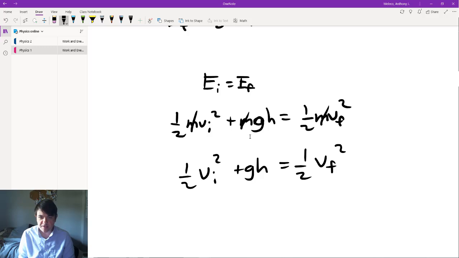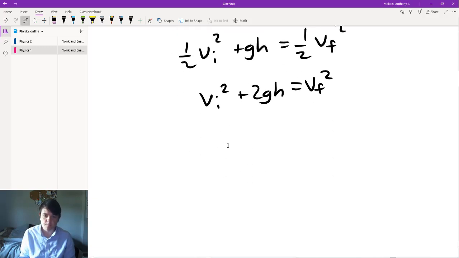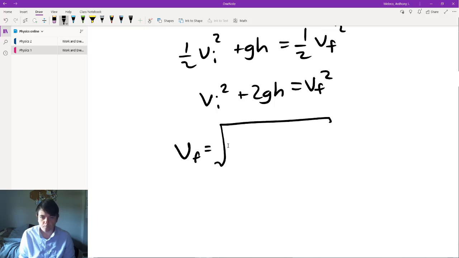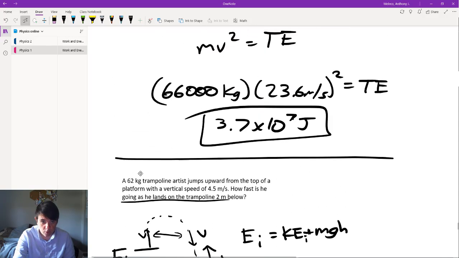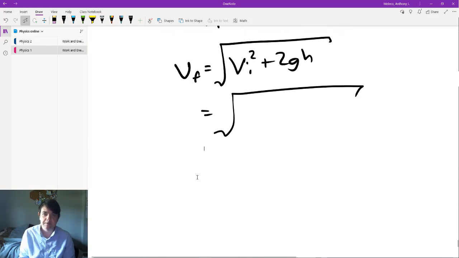And then we're going to multiply this 2 over, same thing as multiplying the whole equation by 2. And then we take the square root. This was our initial velocity, which was 4.5 meters per second.